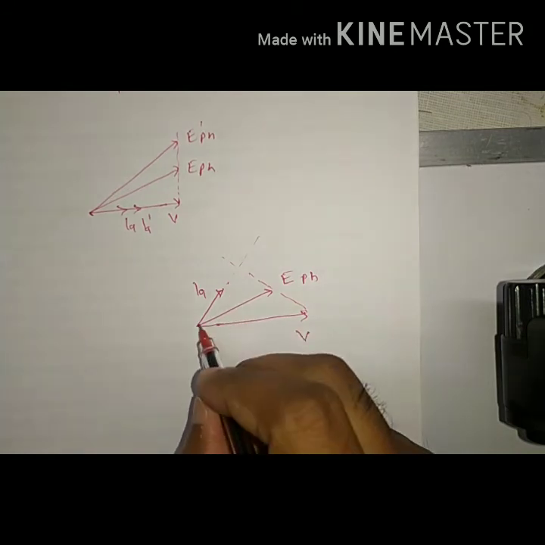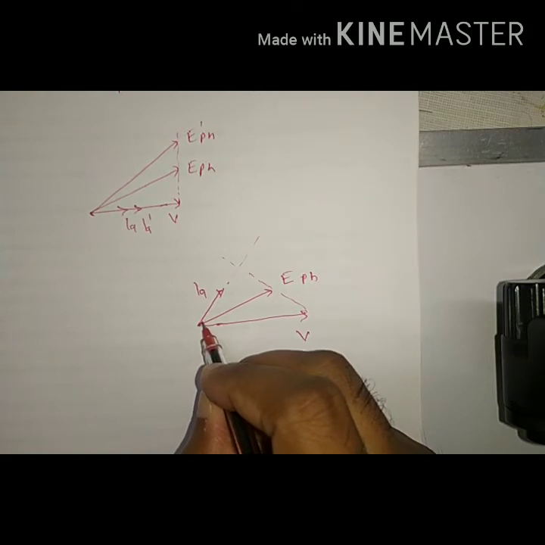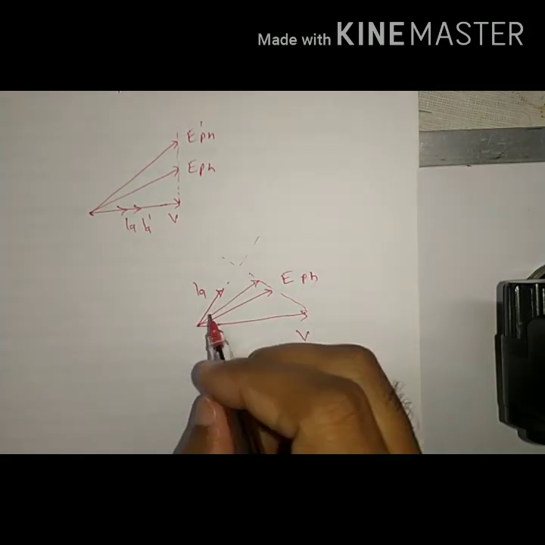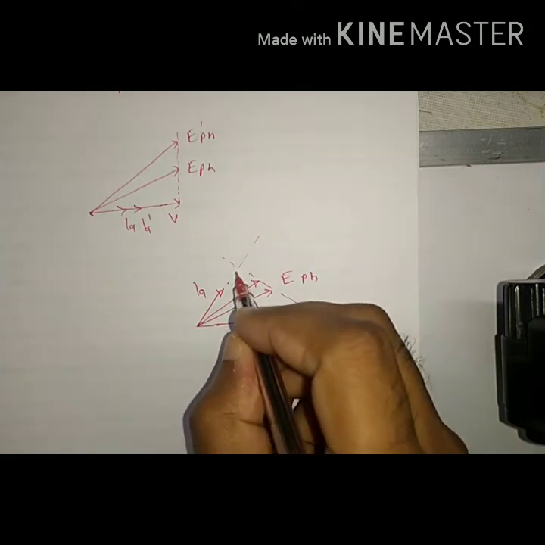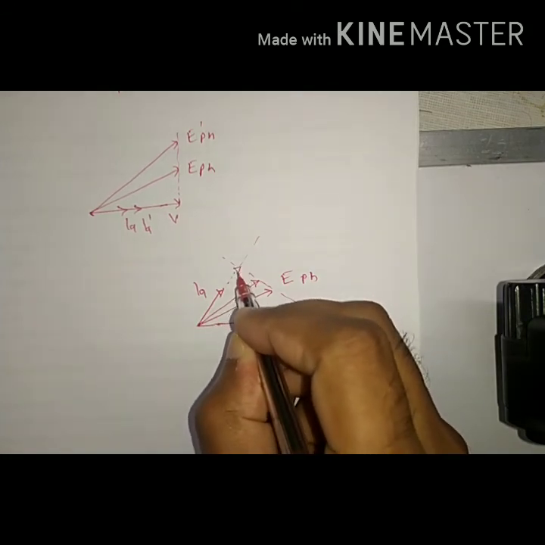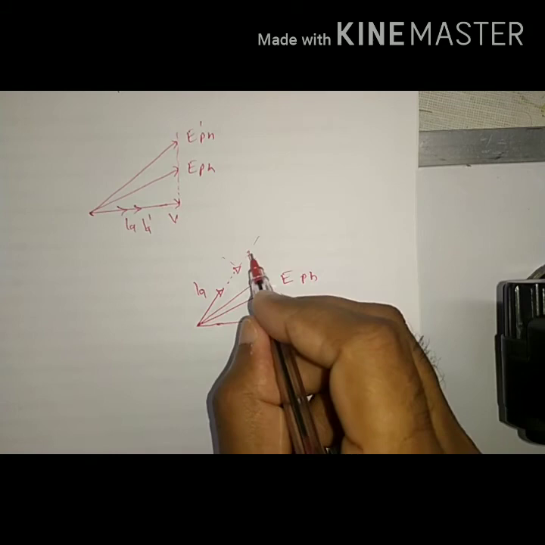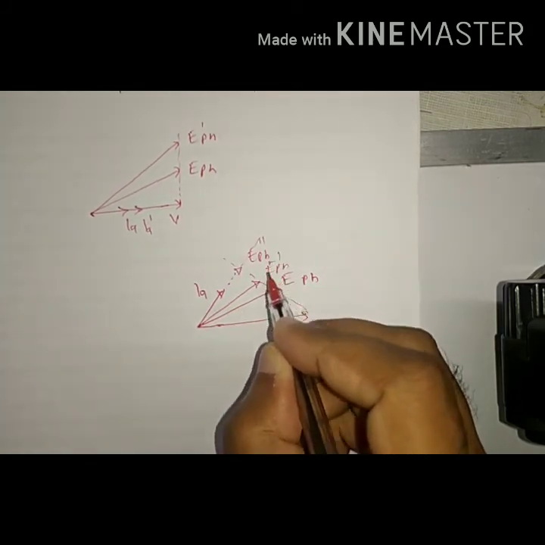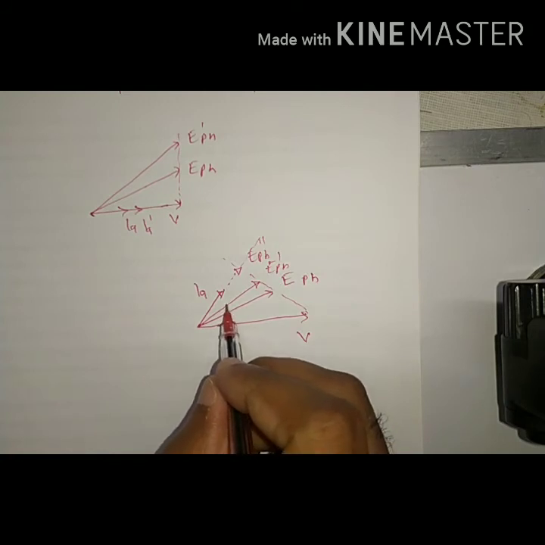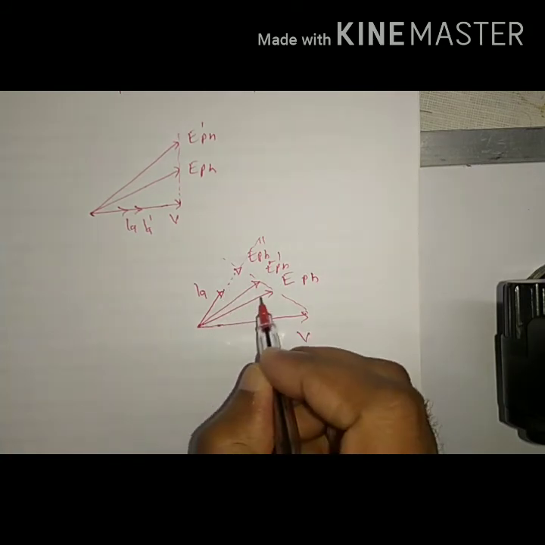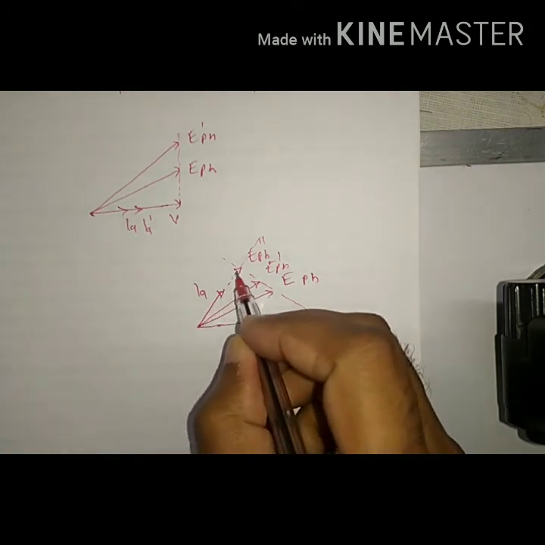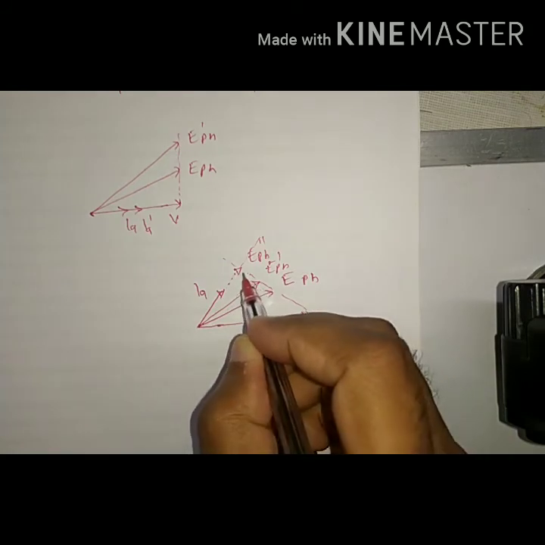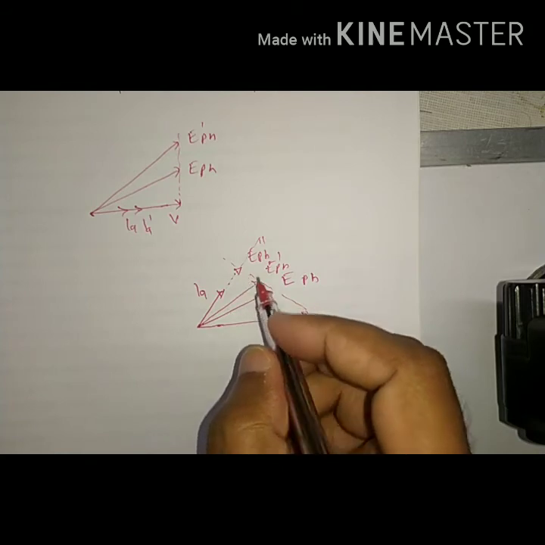What is happening? EPH is changing, it is decreasing a little, and it becomes minimum when it comes here. You can see EPH double dash, that is EPH dash. From here to here this length is greater than this one, and this is the smallest length, so EPH is decreasing, that is, excitation is decreasing.